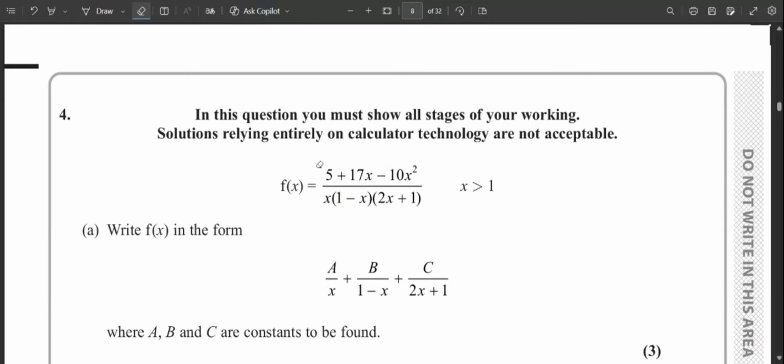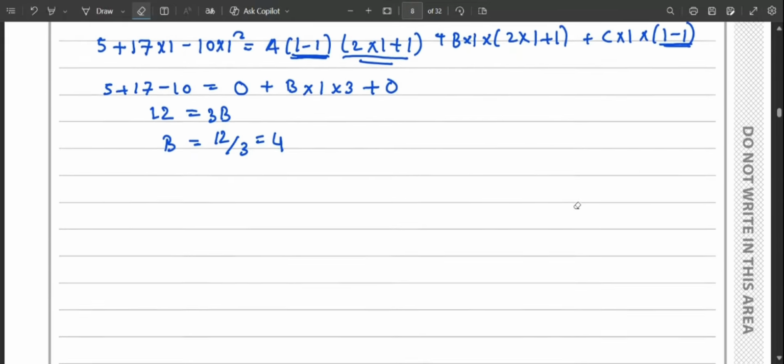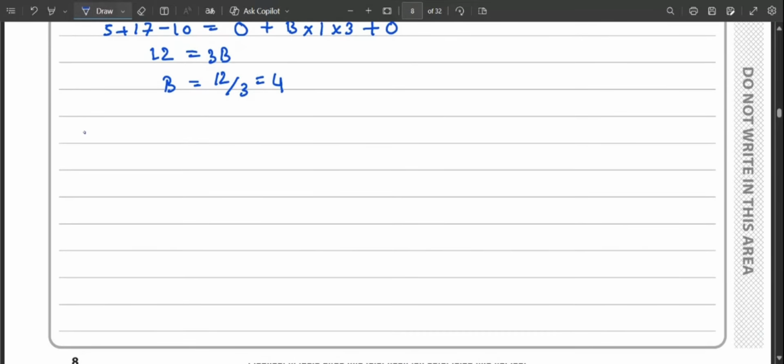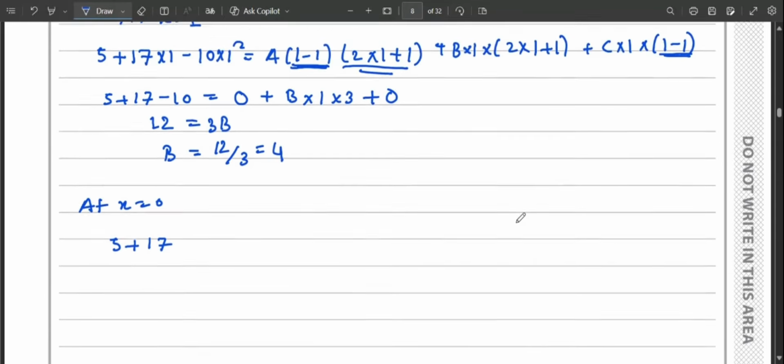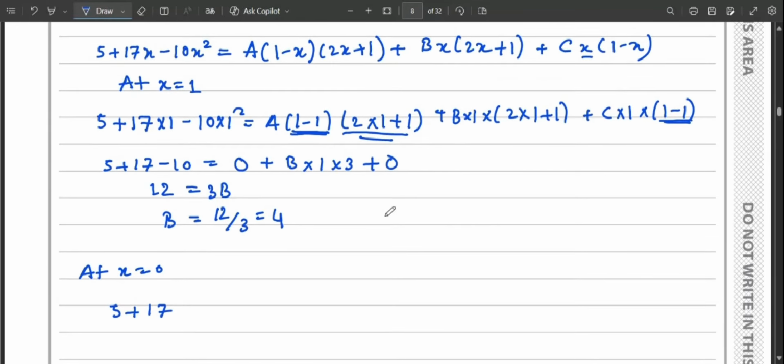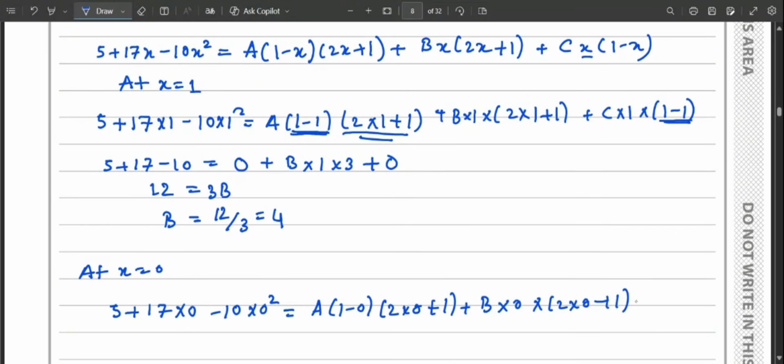So we can now substitute x equals 0. Our expression will be equal to 5 plus 17 into 0 minus 10 into 0 square equals, again, a into 1 minus 0, 2 into 0 plus 1, plus b into 0 into 2 into 0 plus 1, plus c into 0 into 1 minus 0.